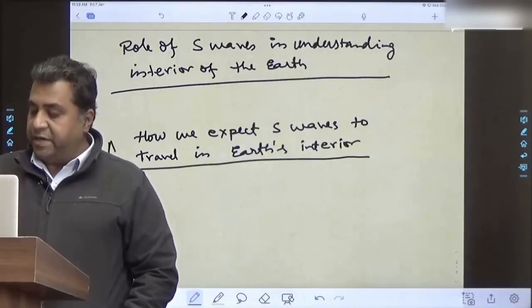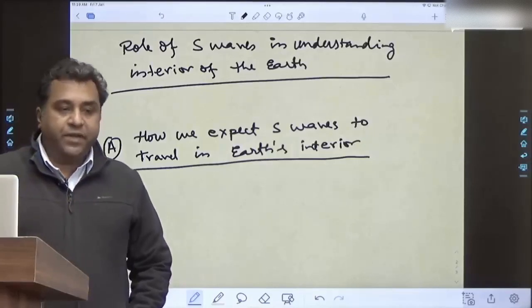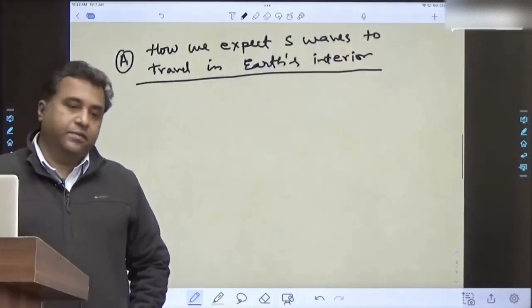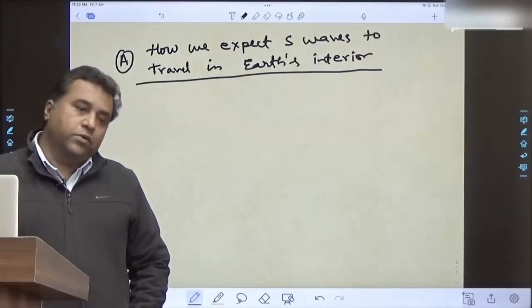That is the first part. In the role of the S wave, how we expect the S wave to travel in Earth's interior. Right? That I will draw, and I want you also to draw with me.